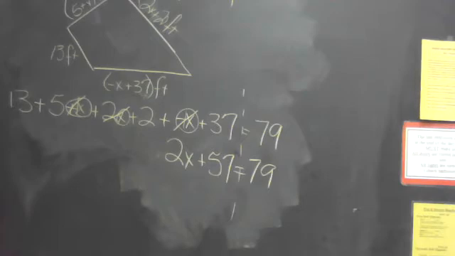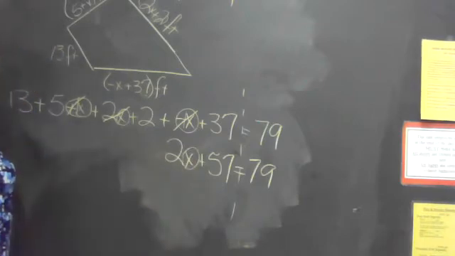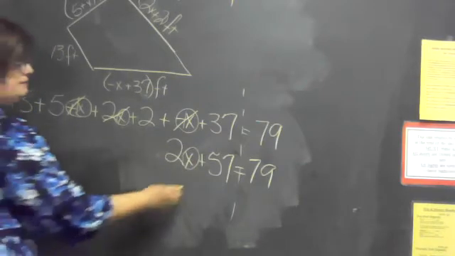Okay, Rachel. All right, and then you'll circle your variable, and then you'll get rid of the 57. Good.